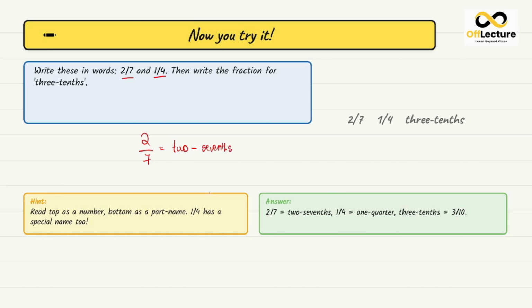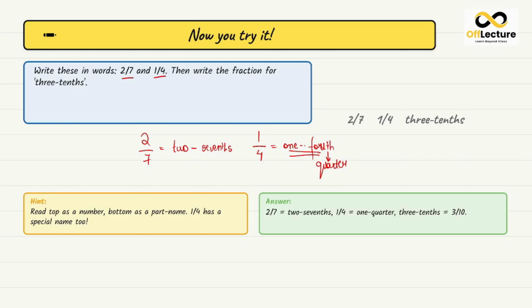Similarly, for 1 by 4, the 1 in the numerator will come as it is. 4 will become fourth, in the denominator. Since the numerator is 1, we will keep it as it is. So this will become 1 fourth, or you can say 1 quarter also. Fourth can be said as a quarter as well.